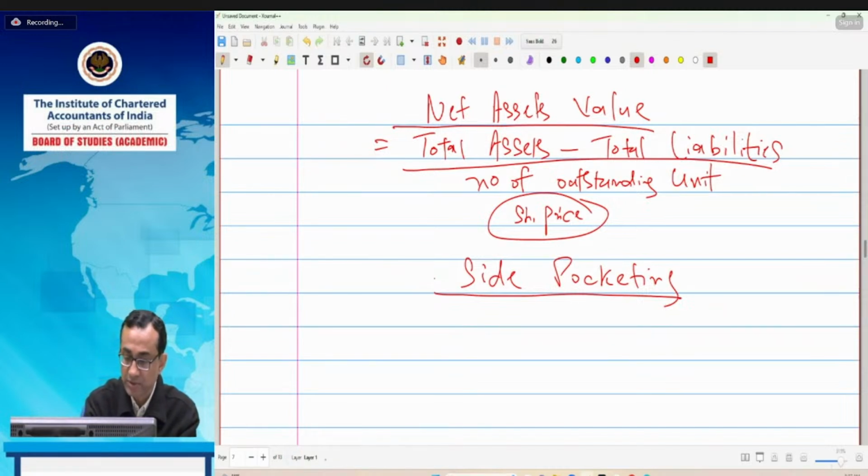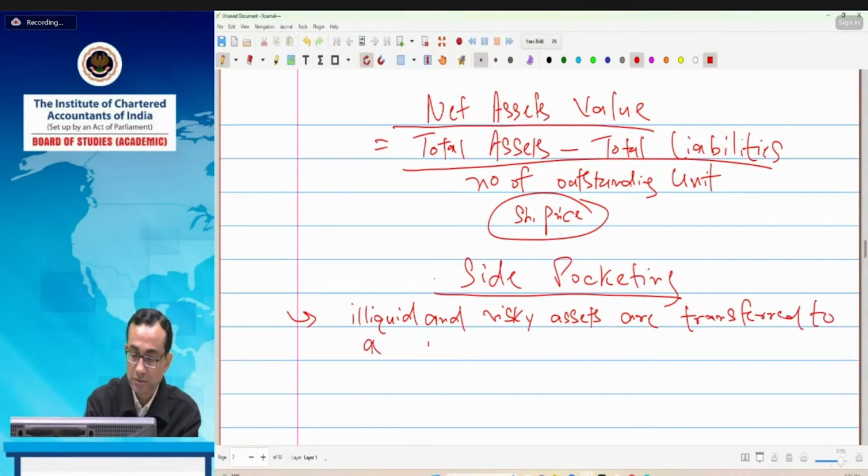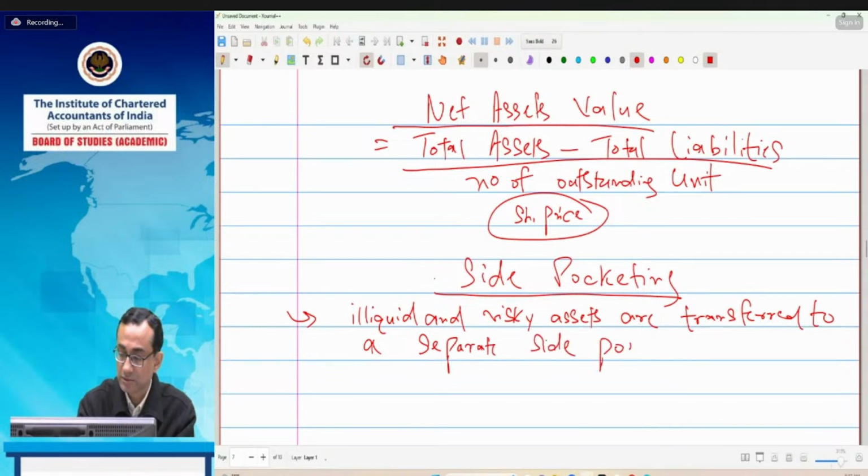So, in side pocketing, illiquid and risky assets are transferred to a separate side pocket.